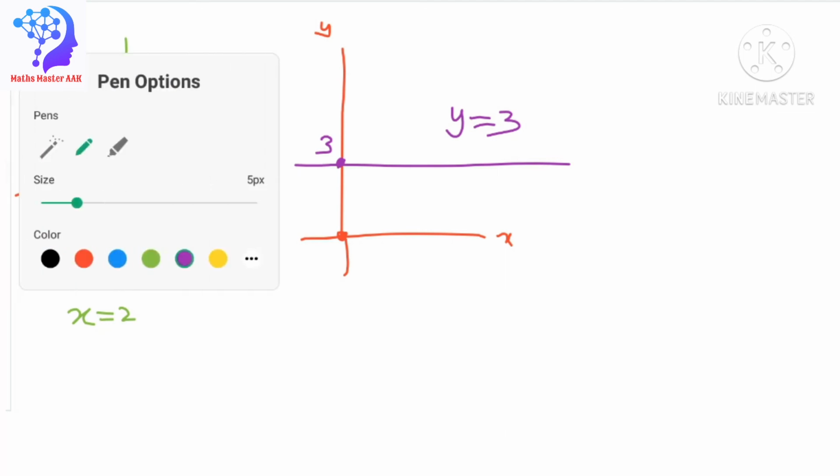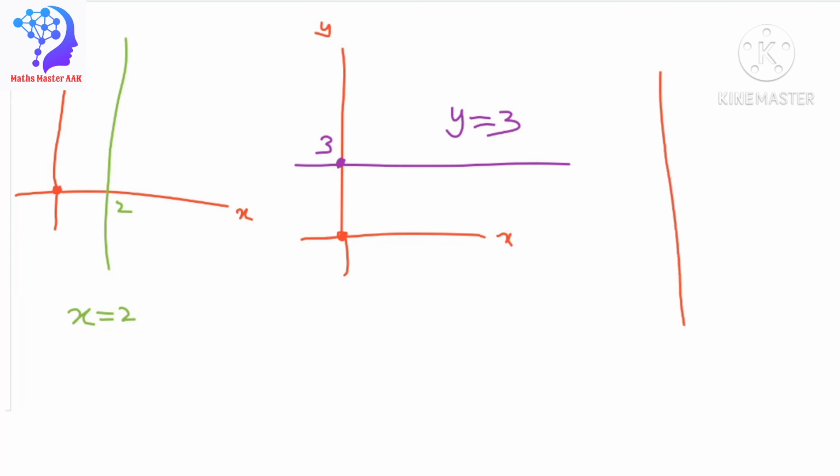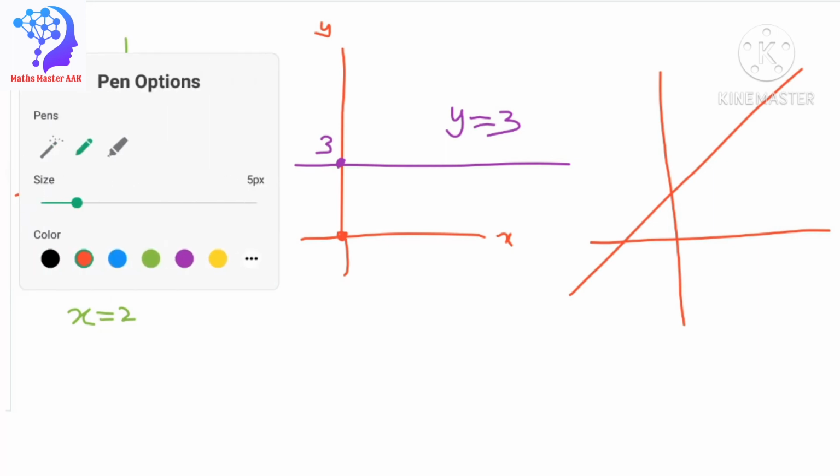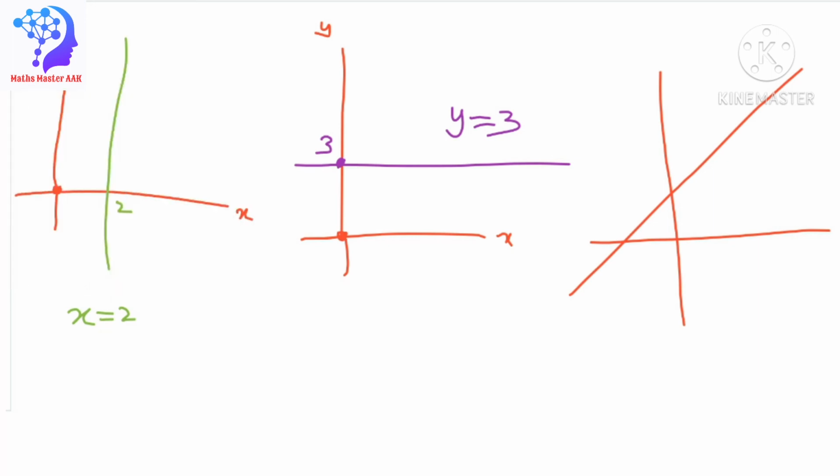And in the third case, if you have any equation other than this, let's suppose passing through in this form, the equation of this general line will be y is equal to mx plus c, where m represents the gradient of the line and c is the y-intercept.